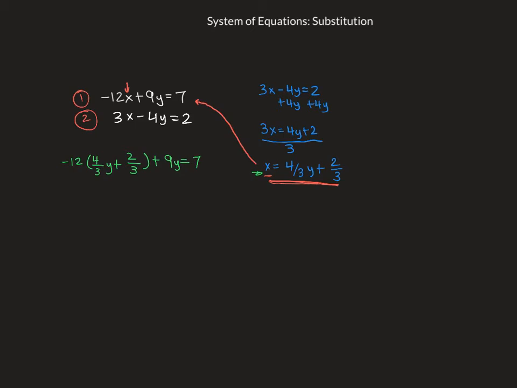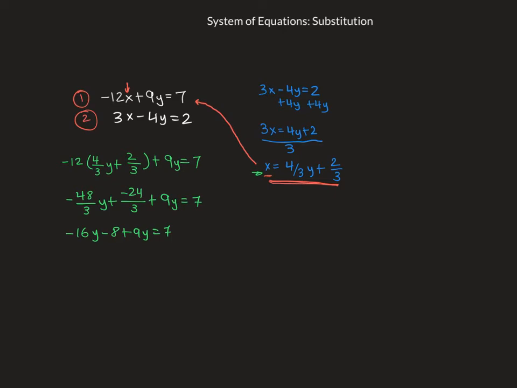Now we can go ahead and multiply and distribute. So this becomes minus 48 by 3 y plus minus 24 by 3 plus 9y is equal to 7. 48 divided by 3 would be minus 16y, and then we go minus 8, because minus 24 divided by 3 is minus 8, plus 9y is equal to 7.